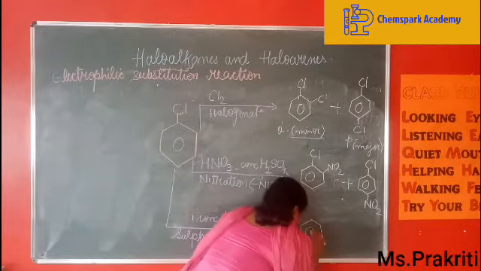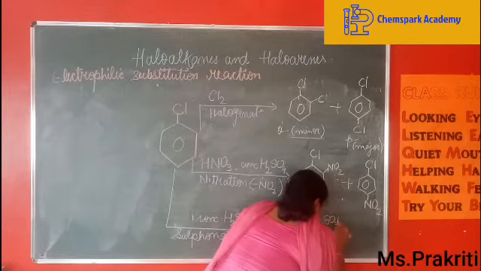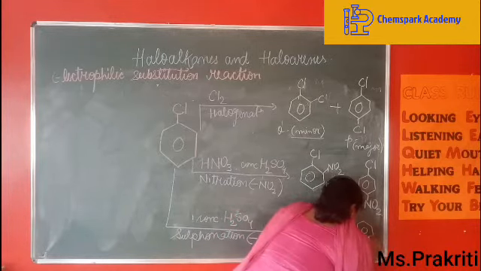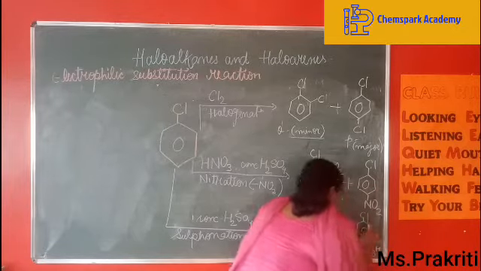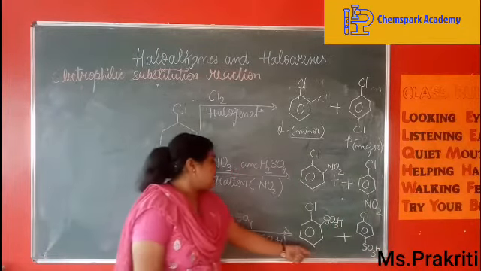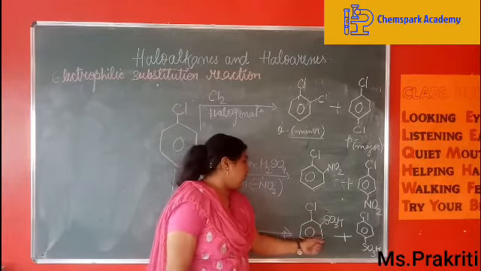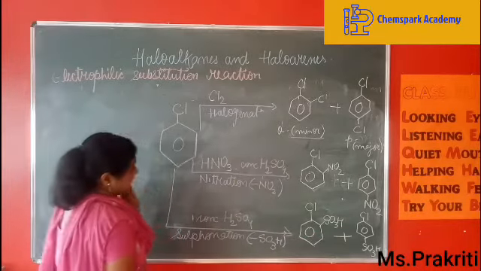The one will be ortho substituted and the other will be the para substituted. This is 2-chlorobenzene sulfonic acid and this is 4-chlorobenzene sulfonic acid.